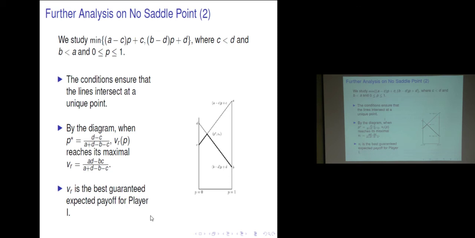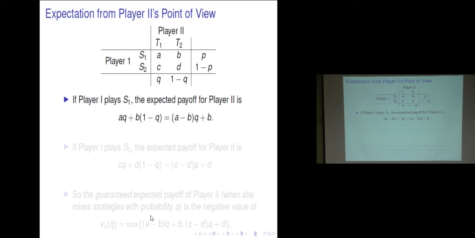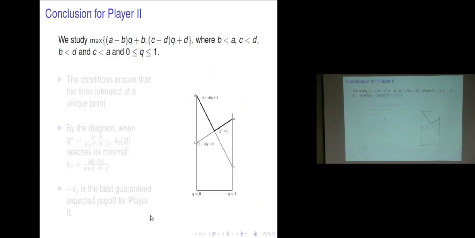Okay? Now do the same for player two. I won't bother you. You get some linear equations, and then you get some payoff here, and then you plot the line. But you have to observe this half, because player two's payoff is the negation of these.